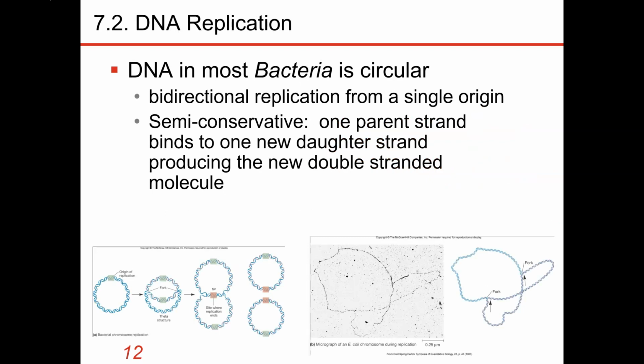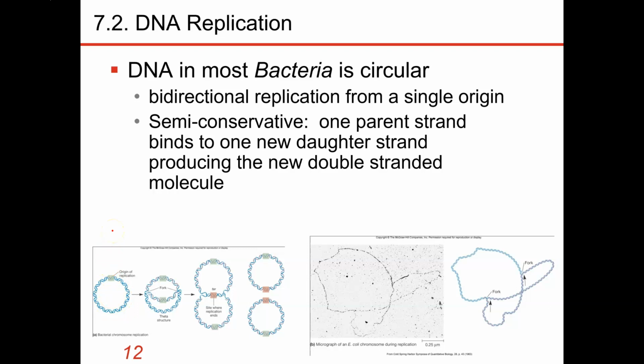So in bacteria, the DNA that is found is typically found in a circular structure. In general, bacteria only have 1 chromosome, and it is a double-stranded circular chromosome. And so you can see in the figure what the chromosome looks like.